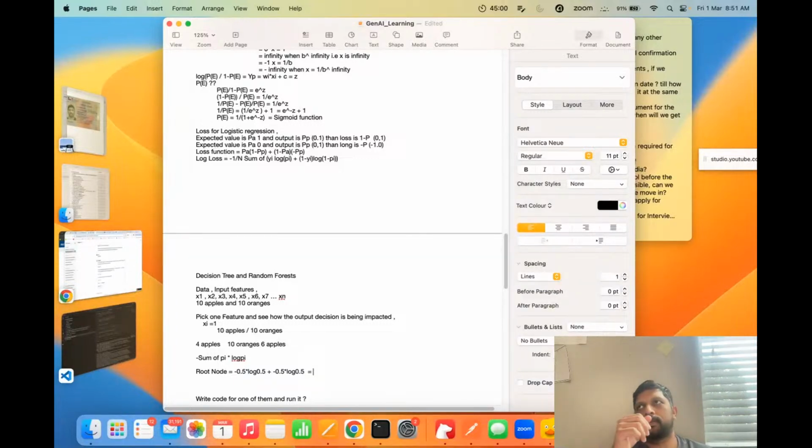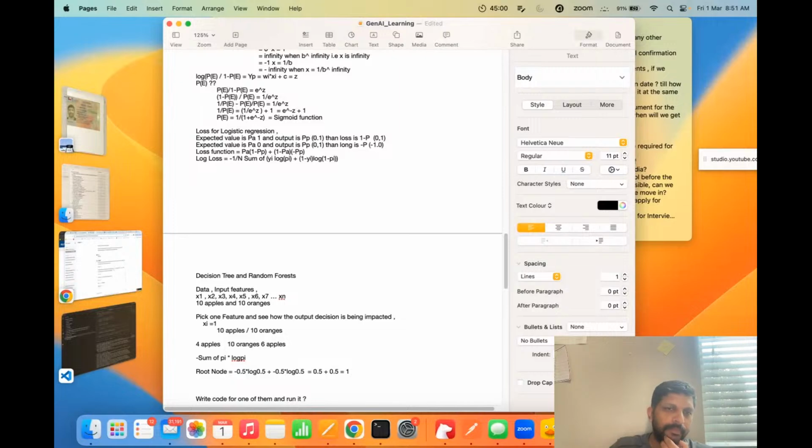Log 0.5 is minus 1, correct? Minus 1 into minus 0.5 is plus 0.5. It's 0.5 plus 0.5, which is equal to 1. So for the root node, the entropy is calculated as 1.